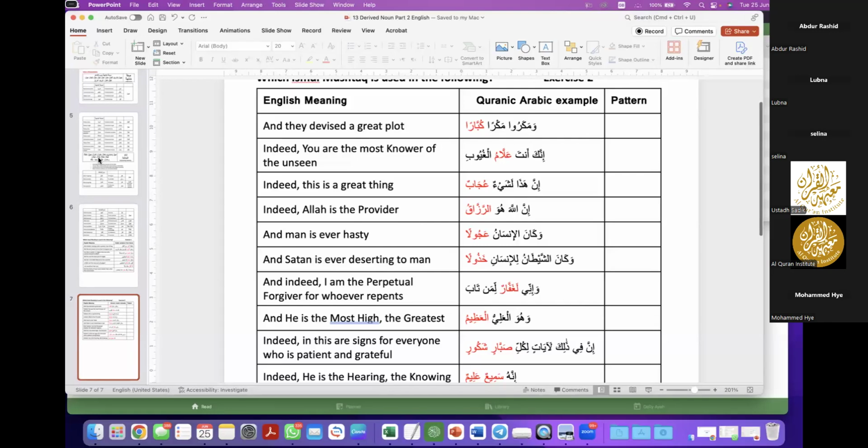Time. I'm just looking to see if there's a pattern. It's a quality. Kana al insanu, the insan, people were what? Hasty. It's a description of the people, how they were.